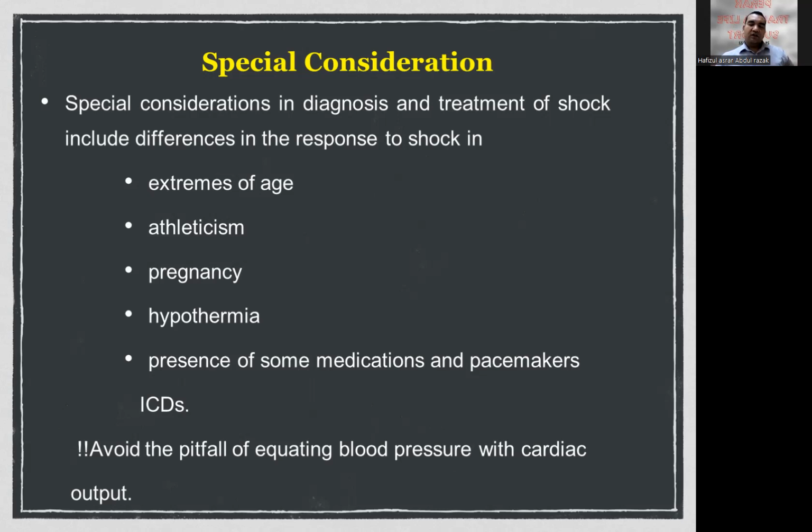So when catecholamine is released, it will cause vasoconstriction. So when you have reduced blood volume, you will only have tachycardia first, and the BP will still be normal, okay, due to compensation. So do not check the BP first. Always see the heart rate first.